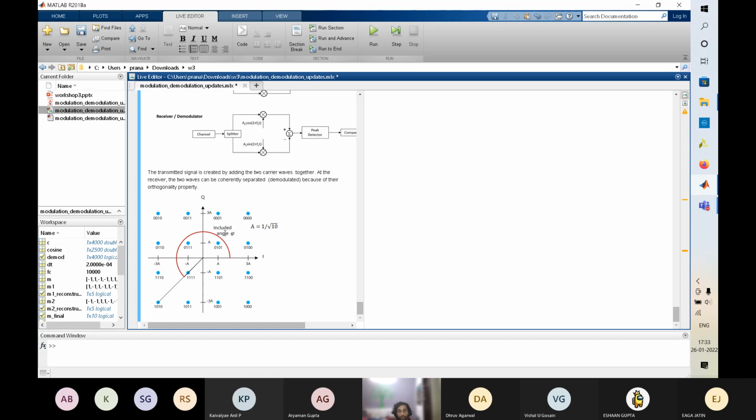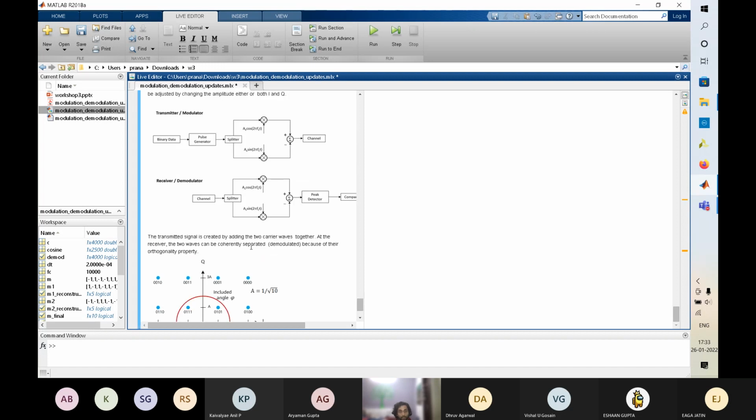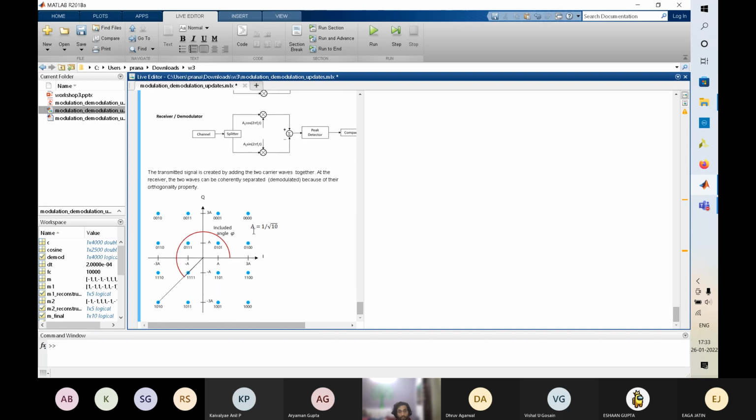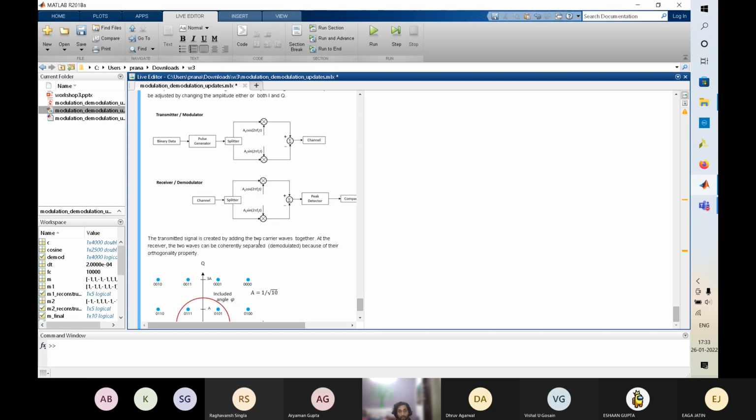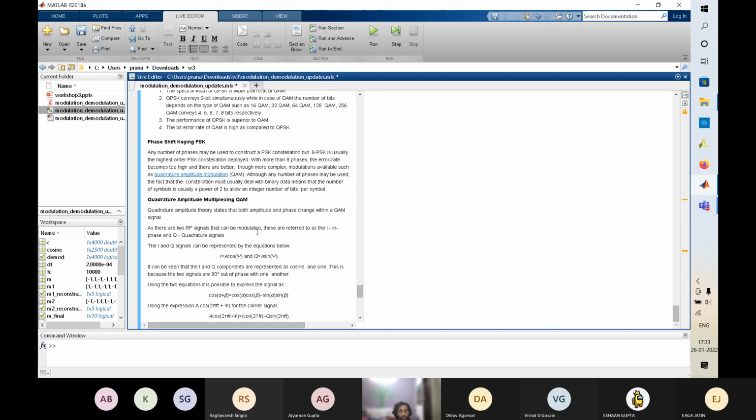So this is Gray code. The constellation that we make is usually made in Gray code. So the representation of 0 is 0, 1 is 1, but the representation of 2 is 0011 instead of 0010. Just a fun fact.